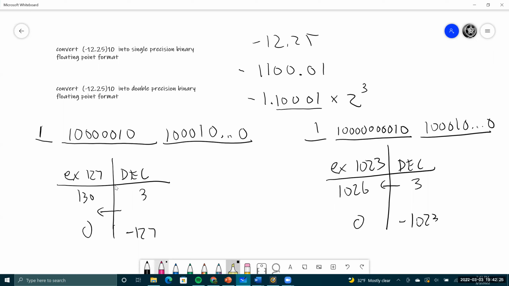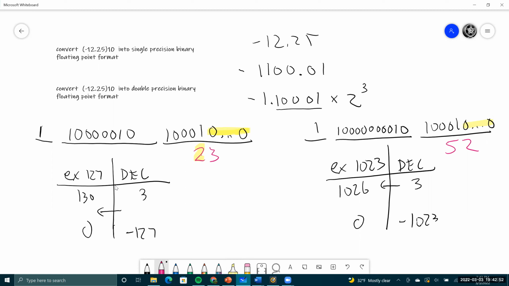But what's very important is that even though I'm writing it this way, all I'm doing is saying there's a bunch of zeros in between. You need to remember that this is 23 bits and this is 52 bits. So the total number of zeros is a lot more in the double than in the single.